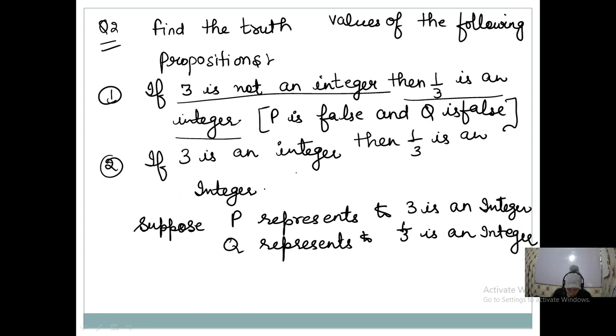And in proposition 2, we can write P is true and Q is false.